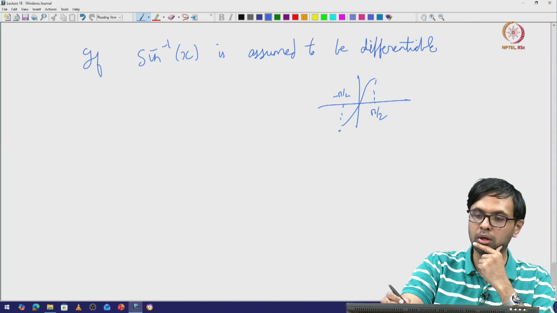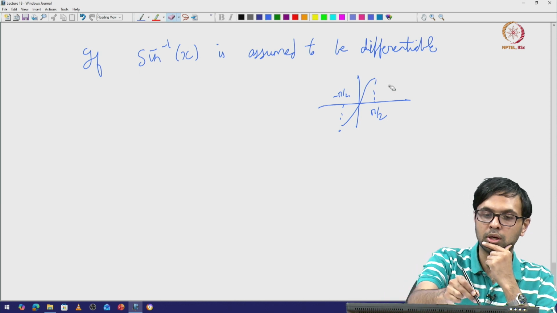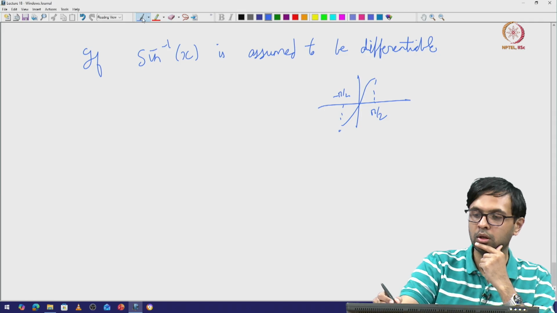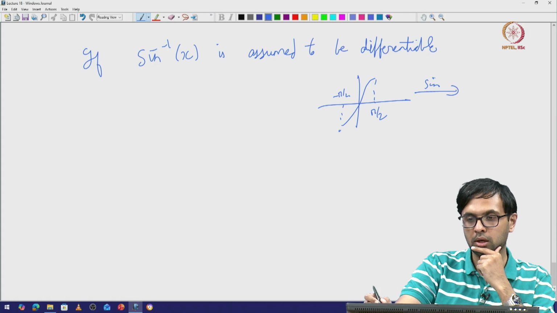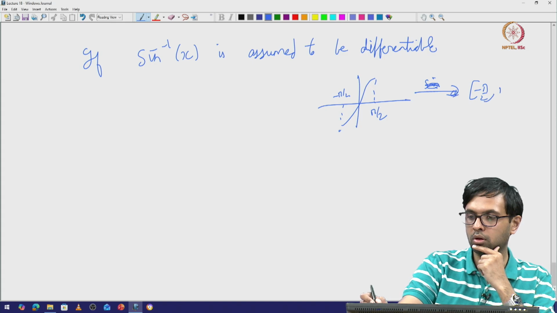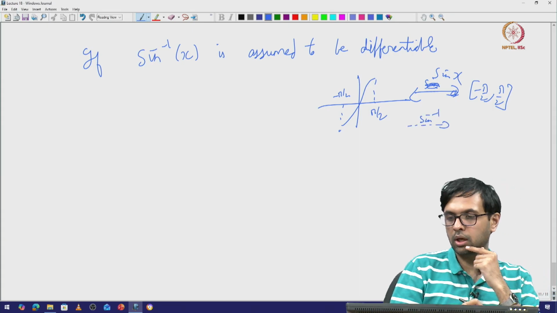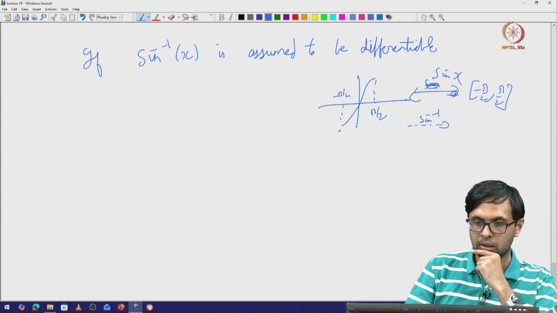If you go beyond it, either in this direction or in this direction, you're in trouble. But in this domain, it's certainly 1 to 1. So from minus pi by 2 to pi by 2, this is sine x. Surely its inverse exists. Okay, because it's 1 to 1.